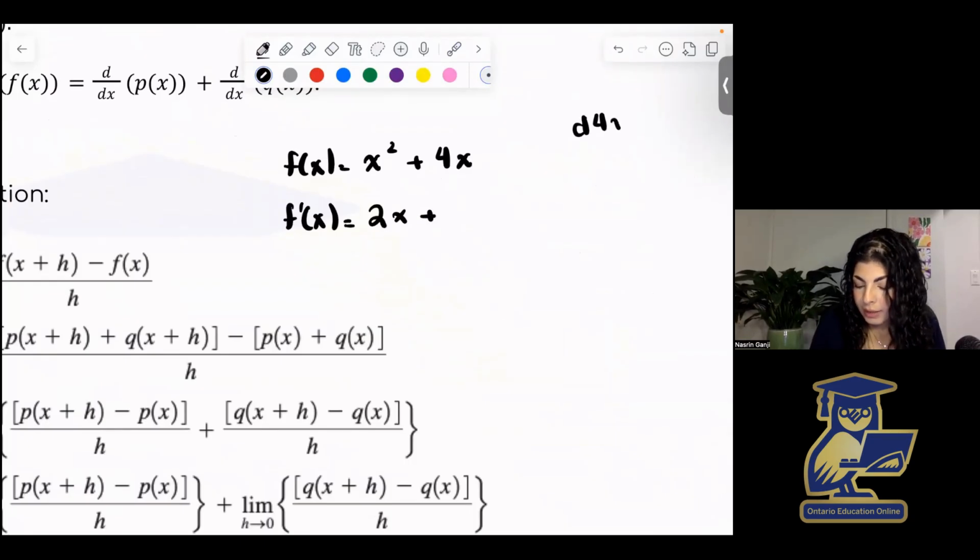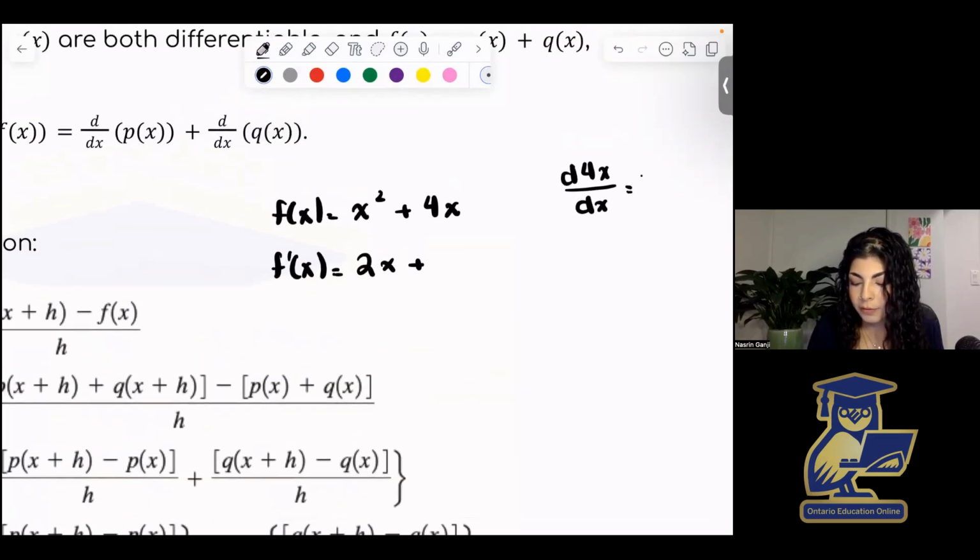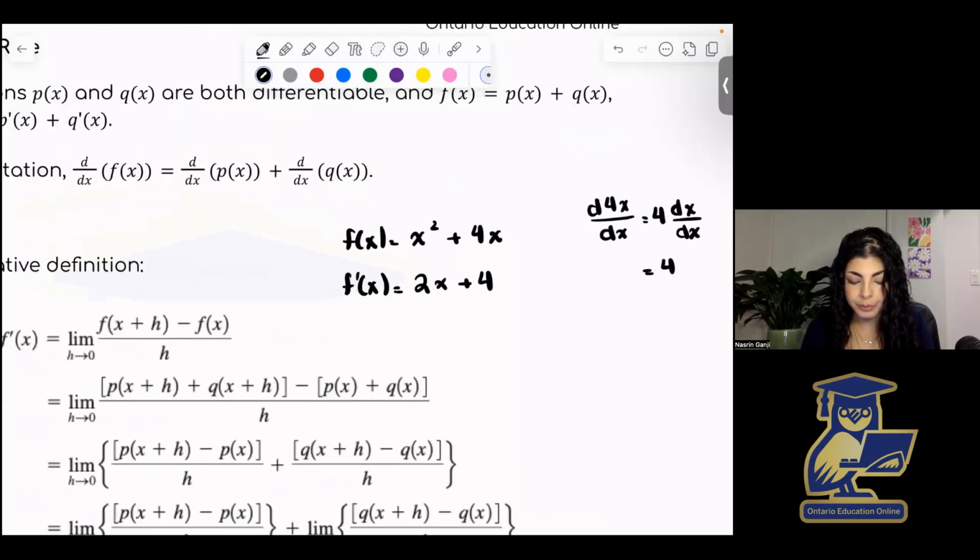And this has two parts. This is first the constant rule. You take out that k, which is 4. And now d of x by d of x was just 1 as one of our special functions. And we're left with just 4 there. And that would be our derivative by the sum rule.